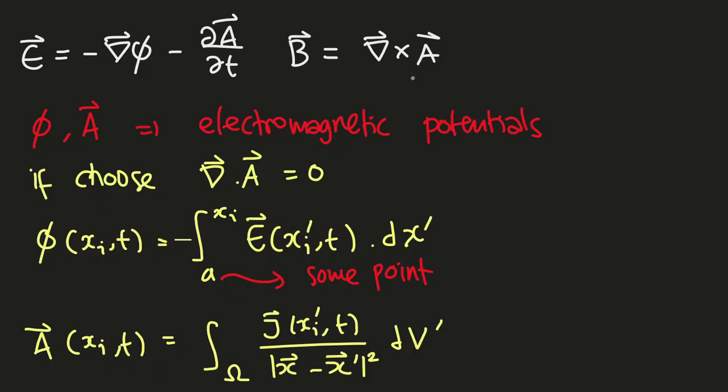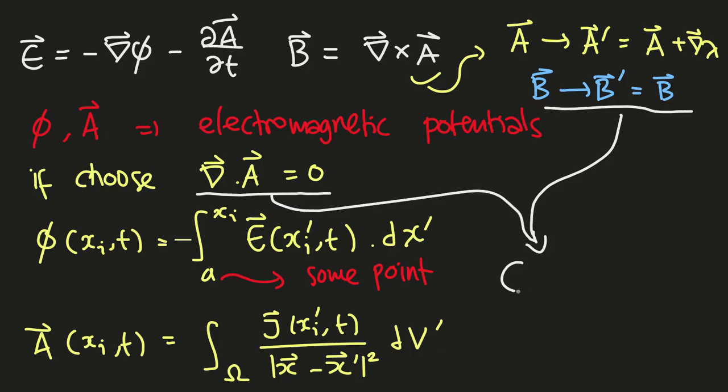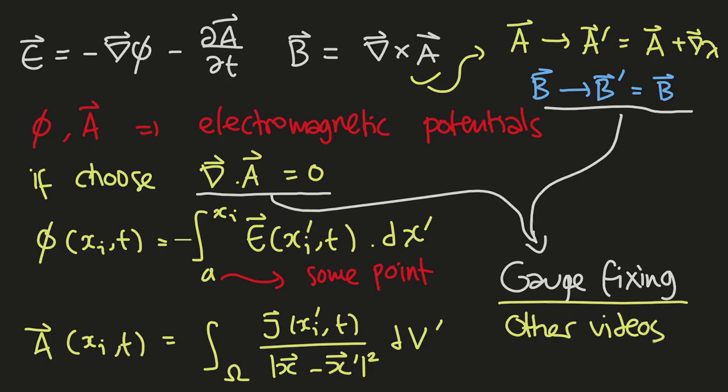Then if we transform A to A prime with this transformation, where lambda here is a scalar function depending on position only, then the magnetic field will remain the same. So by this result, we can choose nabla.A equals 0 as before, and this relates to gauge fixing, which will be our discussion in other videos.